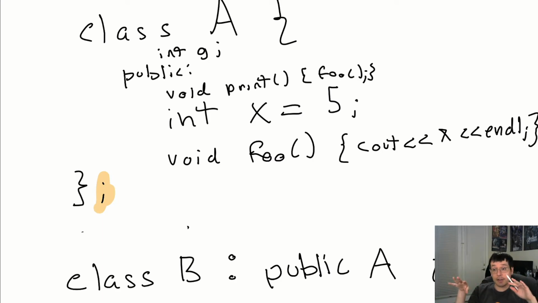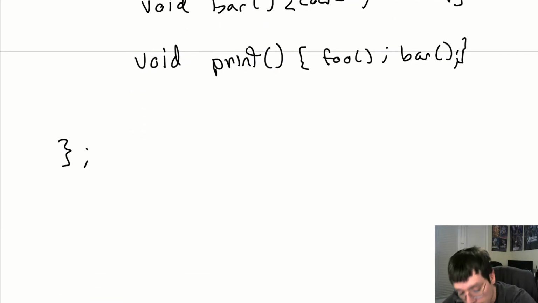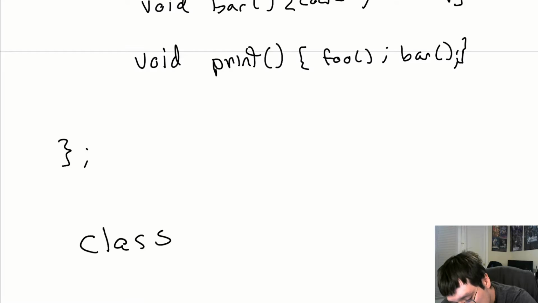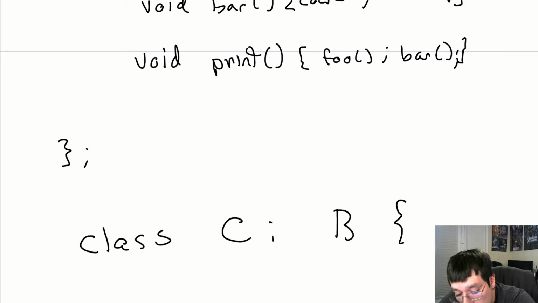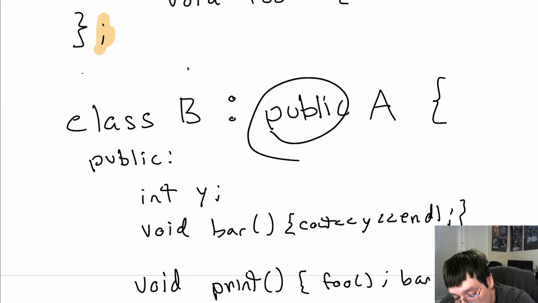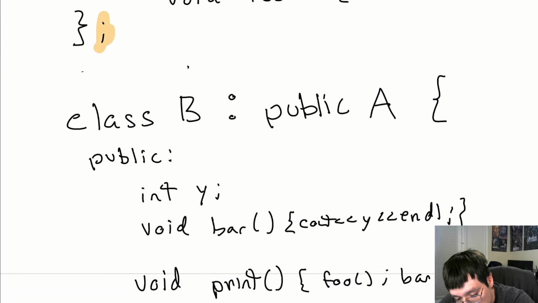Now, you can actually inherit multiple layers. So I could create a class C that inherits from class B. And those permissions carry over. So if I have class C inherit from class B, the permissions that I had here are going to carry over to here.